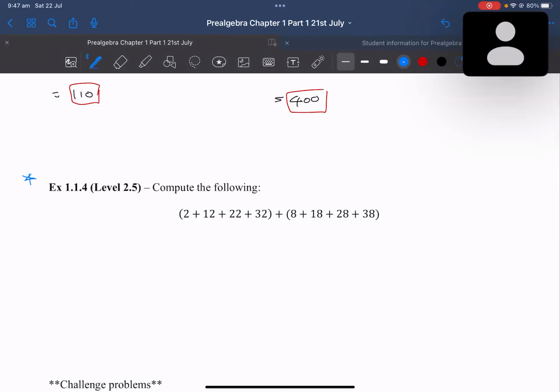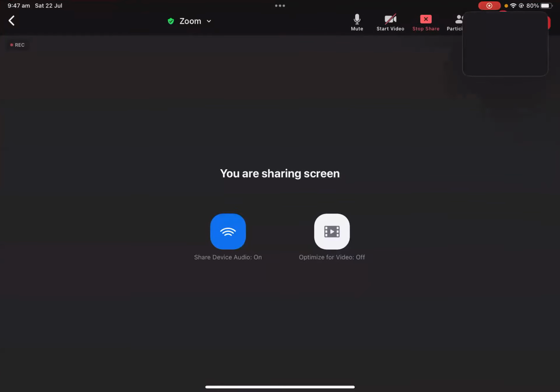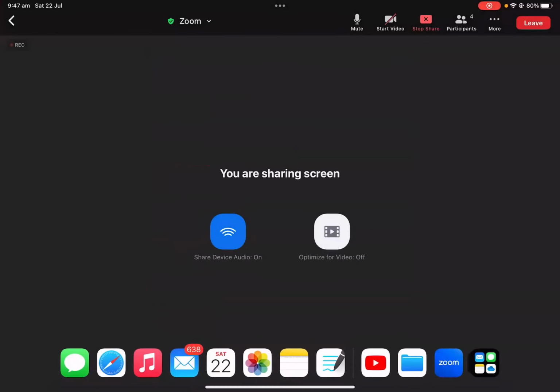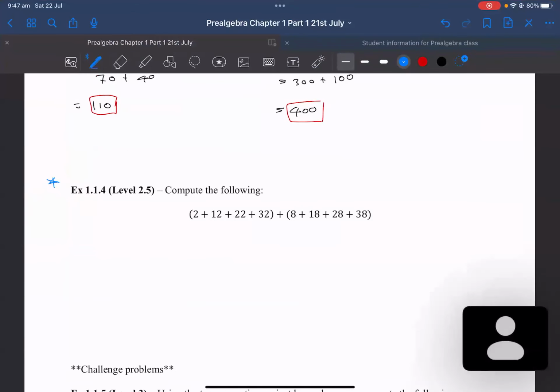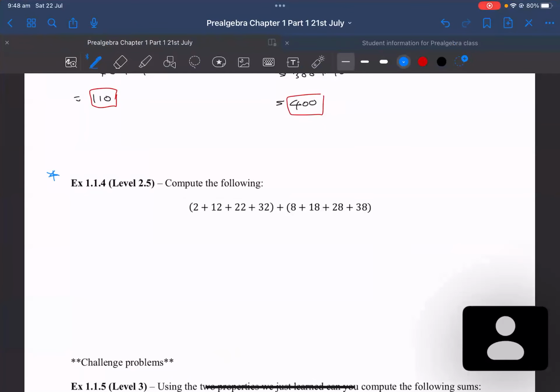I'm done with the answer. The answer, but did you pair them up nicely? If you got the answer, just put it on the chat there. Right, so that was good.